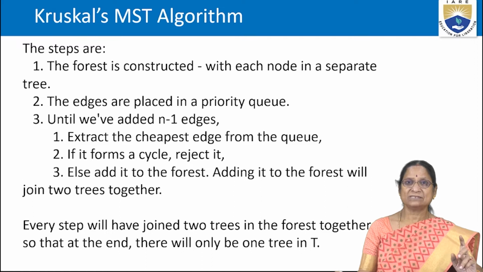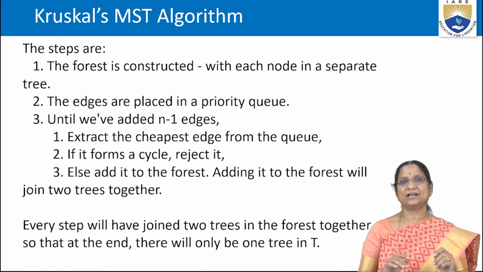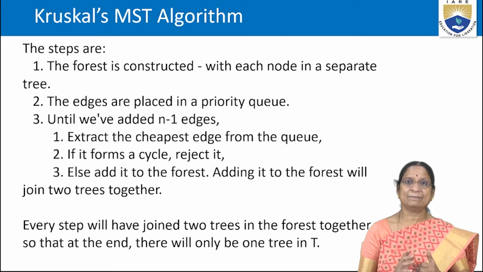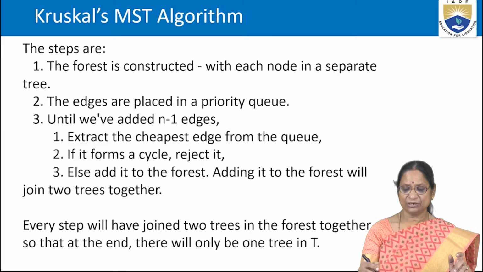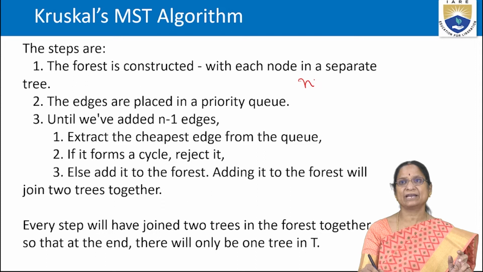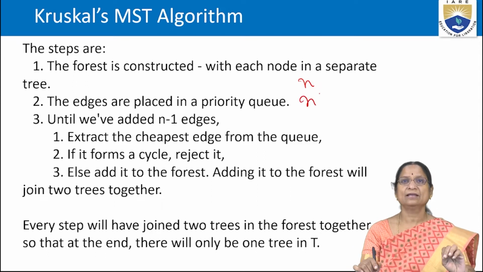Now, this process of adding edges is continued until the number of edges added is n-1. Why? Because our spanning tree should include all vertices of the graph. For example, n vertices are there in our graph. Our tree also should contain n vertices. Fine. A tree is connected, right?